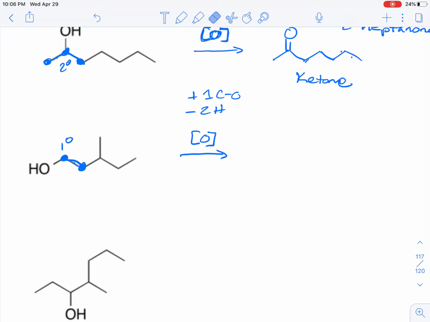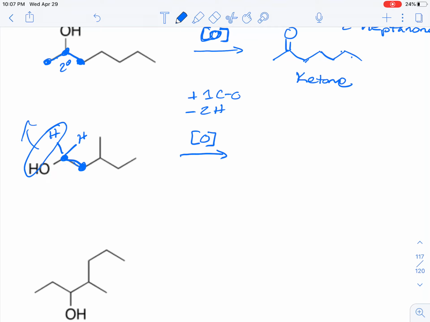If I draw out all of the hydrogens on that carbon, these 2 hydrogens are going to be lost somehow. What that leaves me with is an extra electron on the oxygen and an extra electron on the carbon, and these two can form a bond.